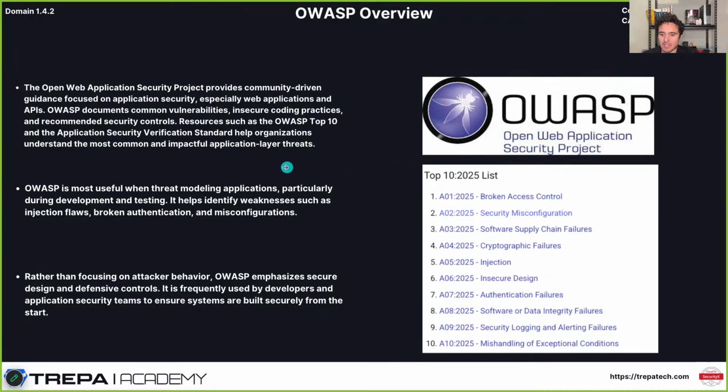OWASP is useful when threat modeling applications, particularly during development and testing. And remember, this is for web applications. So on the exam, if you see, what threat modeling framework do we have available to us to help us protect our websites or our e-commerce platform, OWASP.